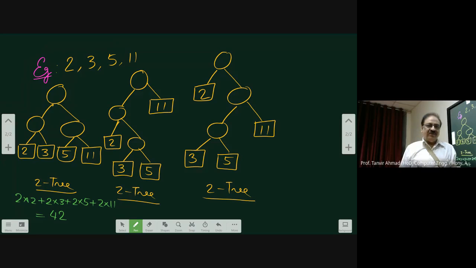How? Because for 2, the path length is 2, therefore 2 into 2. For 3, again the path length is 2, therefore 2 into 3. For 5, again the path length is 2, therefore 5 into 2, and 2 into 11. Now, if I am going to calculate for this tree, you will calculate 2 into 2 plus 1 into 11 plus, 1, 2, 3, therefore 3 into 3 plus 3 into 5.